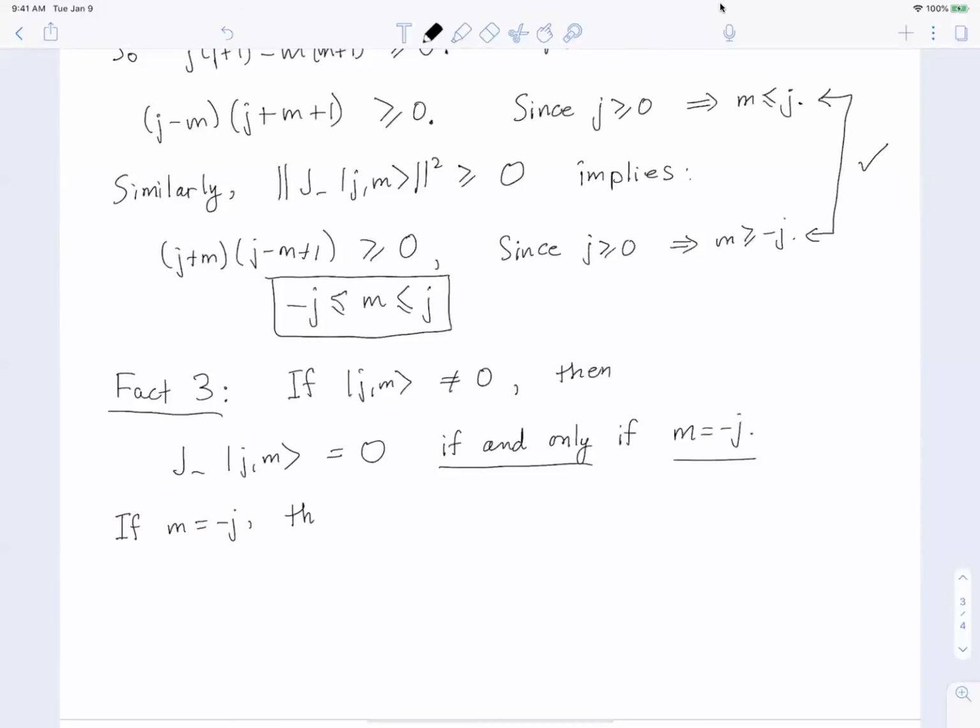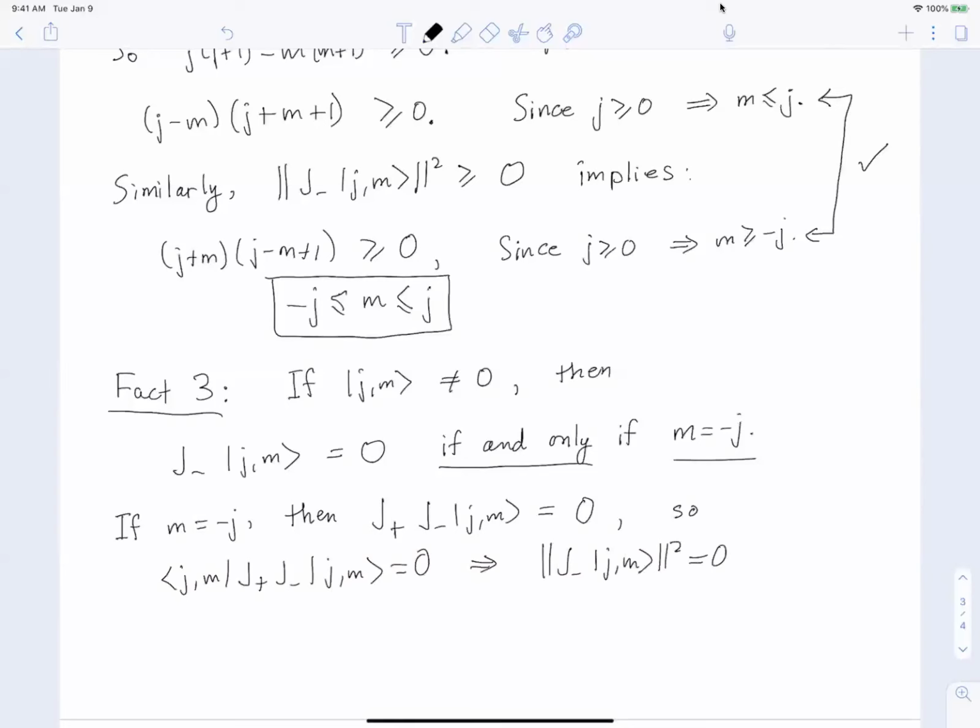Okay, then if I take j plus and act on j minus, jm, and I go back to what j plus j minus was and plug it in, I find out that's 0. So that's all there is to that, because that means that jm, j plus j minus, jm is 0, which would imply that the norm of j minus, jm is 0.